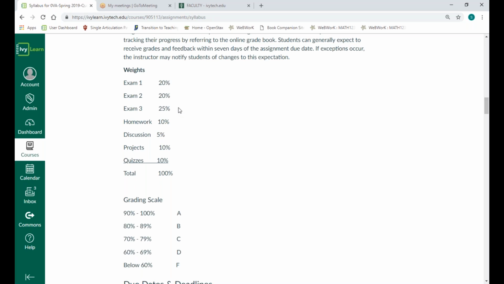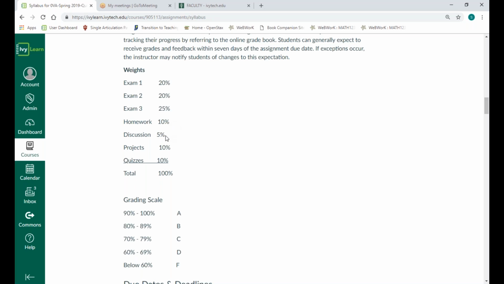So they're worth 20, 20, and the last exam is worth 25%. And the reason why the last one is a little bit more is because the last exam is going to have a little bit of review material in addition to Unit 3 materials.